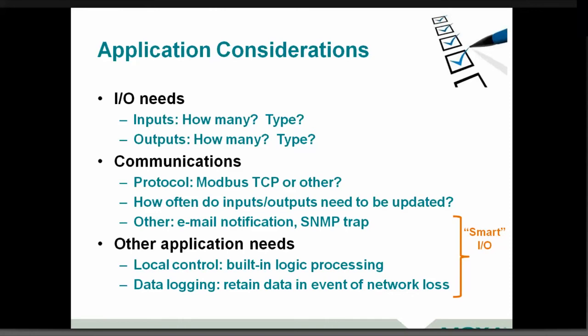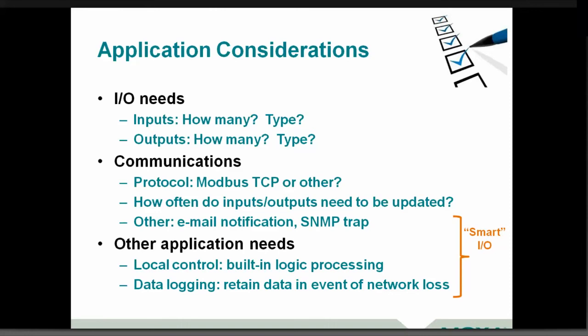Maybe the I/O device could send an email notification, or maybe it could send an SNMP trap into my IT management software to let the IT guys know that the generator out back of the plant has just gone offline, and maybe the folks need to know that that's happened via the IT system.